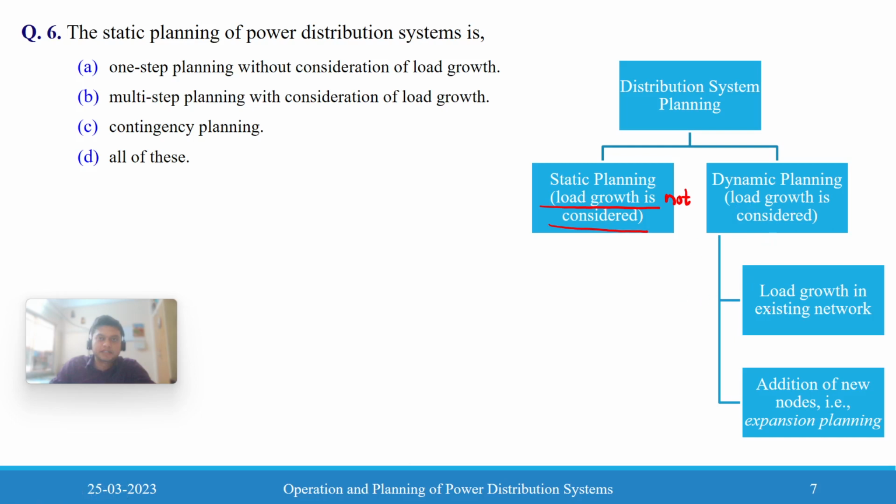Suppose we have load growth in the existing network, and next is the addition of new nodes, that is expansion planning. So here it is asked about static planning. So it is one step planning without consideration of load growth. A is the correct option.